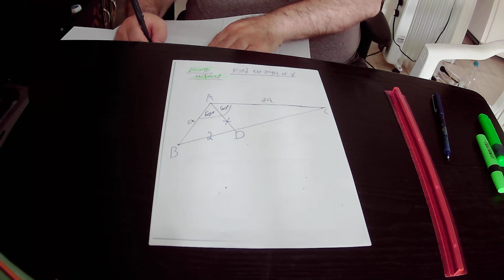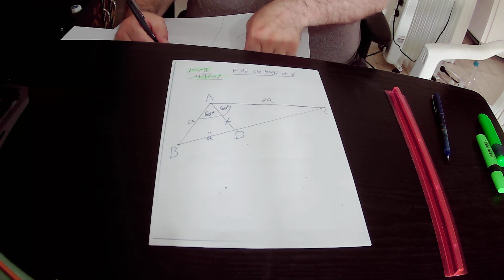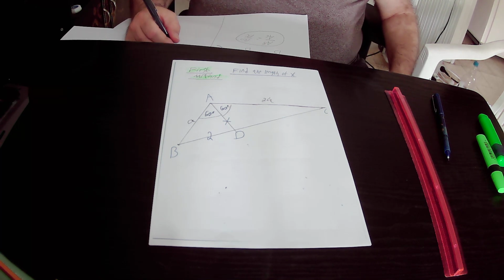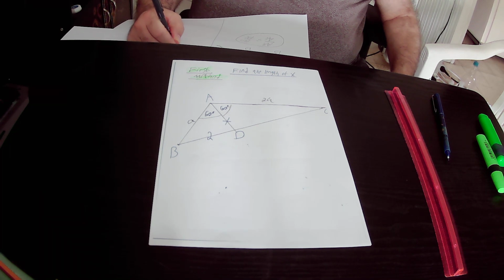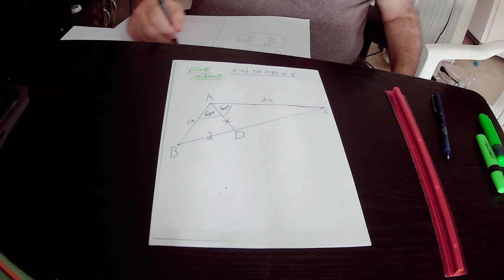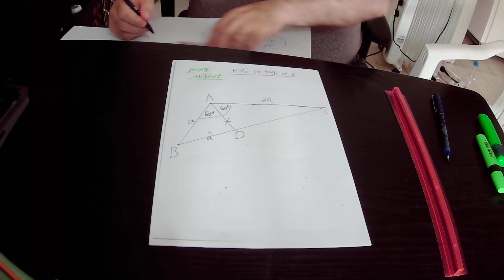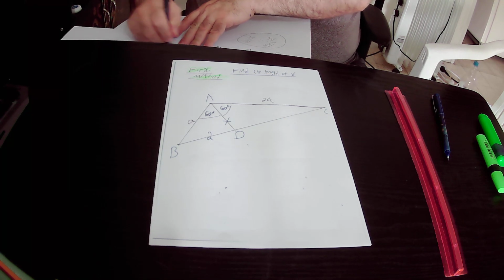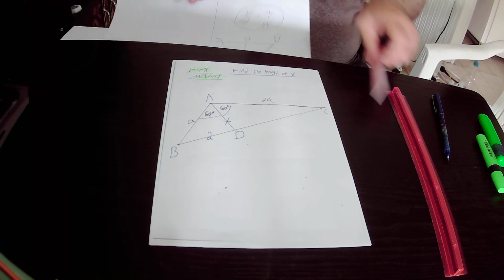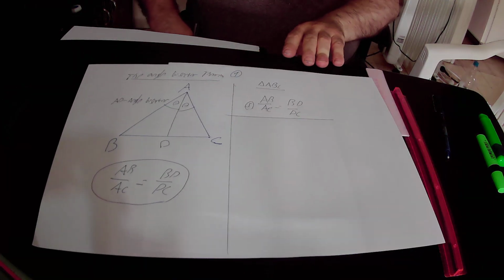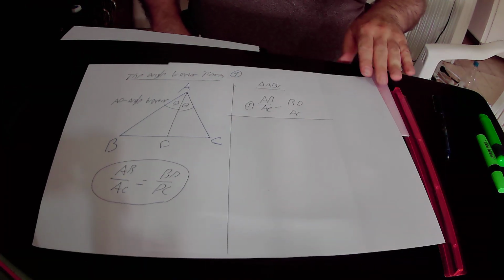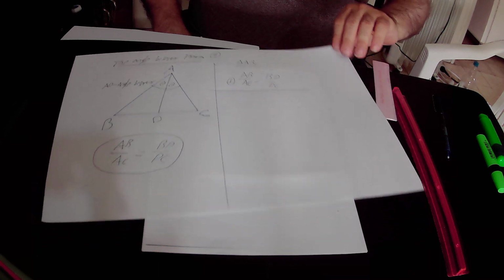Therefore, according to the angle bisector theorem, we get that AB over AC equals BD over DC. I'll repeat again: in triangle ABC, we have the angle bisector AD, therefore AB over AC equals BD over DC.